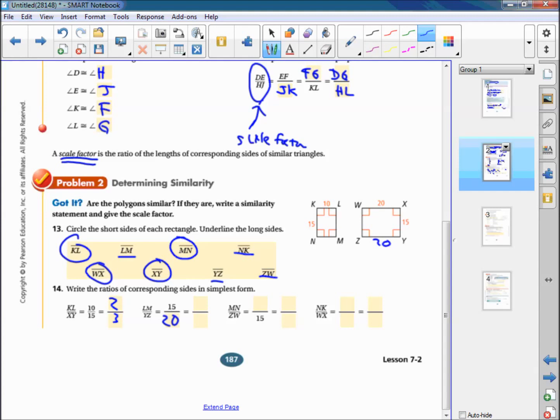And if we reduce that, 5 goes into each one of those, so 3/4. And then MN is 10, and ZW is also 15, so that reduces to 2/3. And NK is 15, and this one's going to be 20, so this will reduce to 3/4.